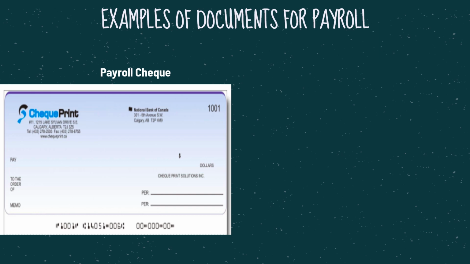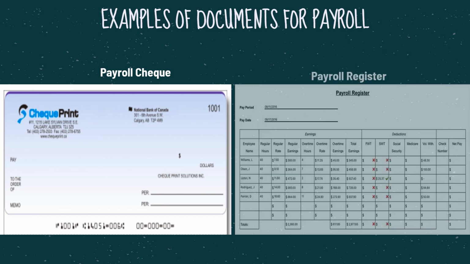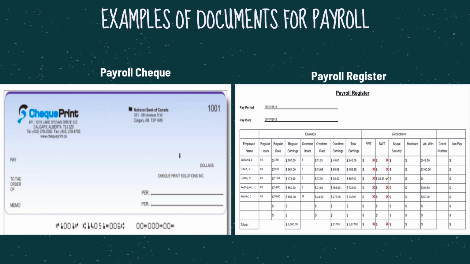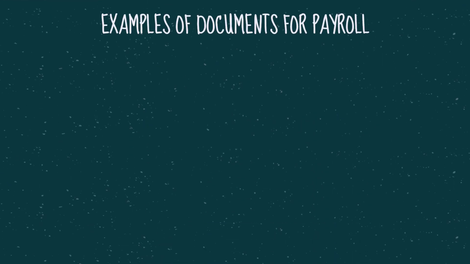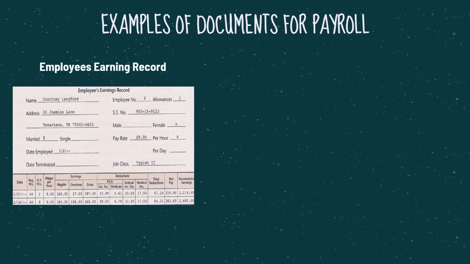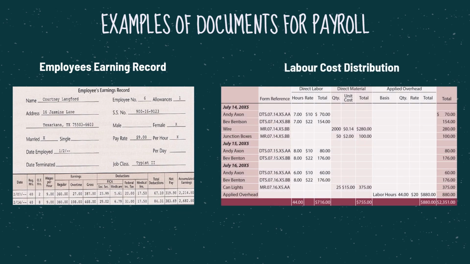Next is the payroll check. Its function is to prepare a check in the name of an employee. The payroll register is to record the amount paid to employees during each pay period. Number 7 is the employee earnings record. It is to record details of an employee's pay for the whole financial year. Next is labour cost distribution.